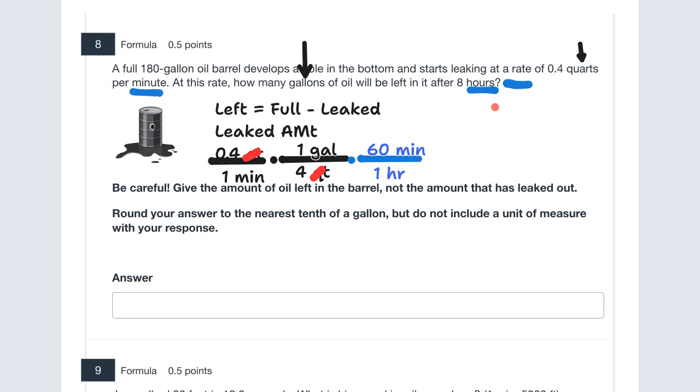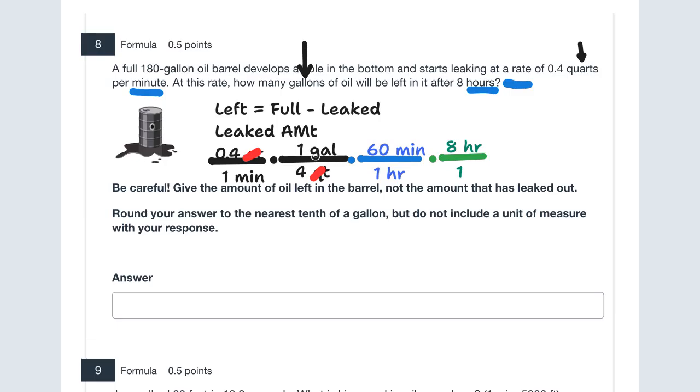Then I'm going to get the leaked amount. I'm going to multiply this by my 8 hours. So now times my 8 hours. And I like fractions, so I'm going to put my fraction bar here, and I'll put this over 1.